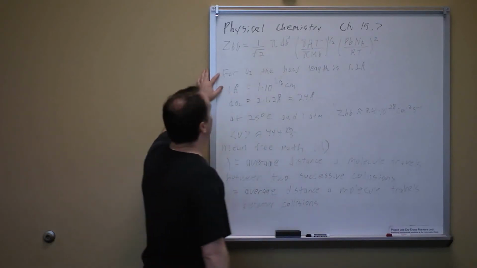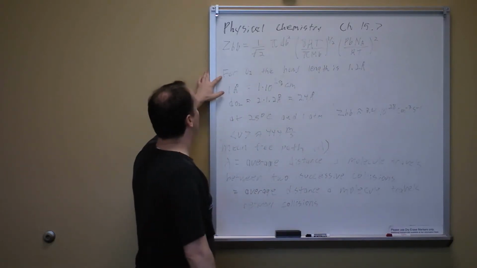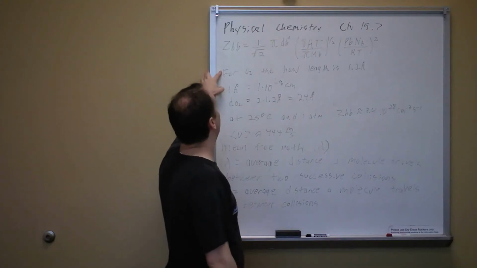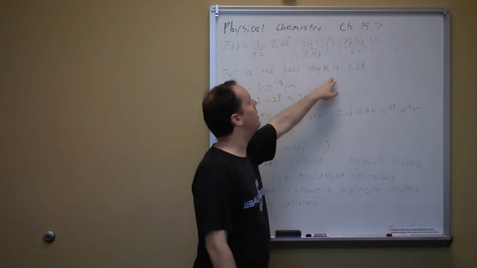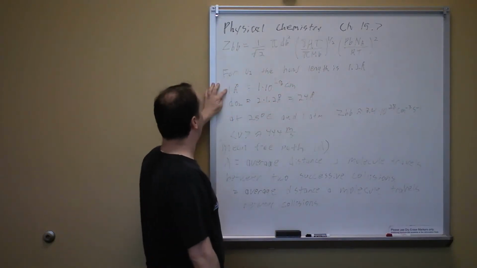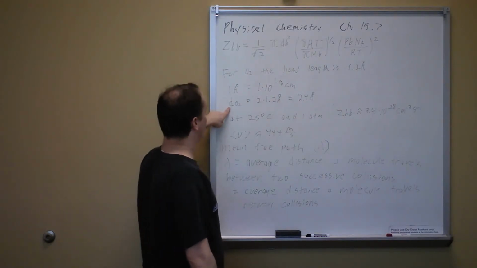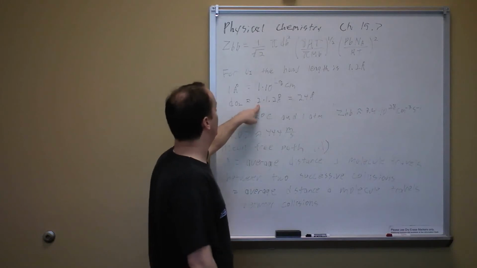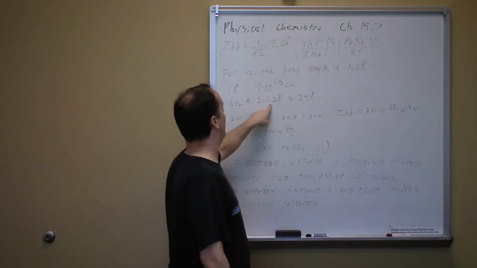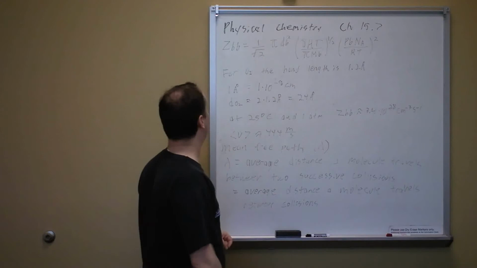Now, let's say we have diatomic oxygen. The bond length there is 1.2 angstroms. An angstrom is 1 times 10 to the negative 8 centimeters. So the diameter of an O2 molecule is roughly equal to 2 times 1.2 angstroms, or 2.4 angstroms.